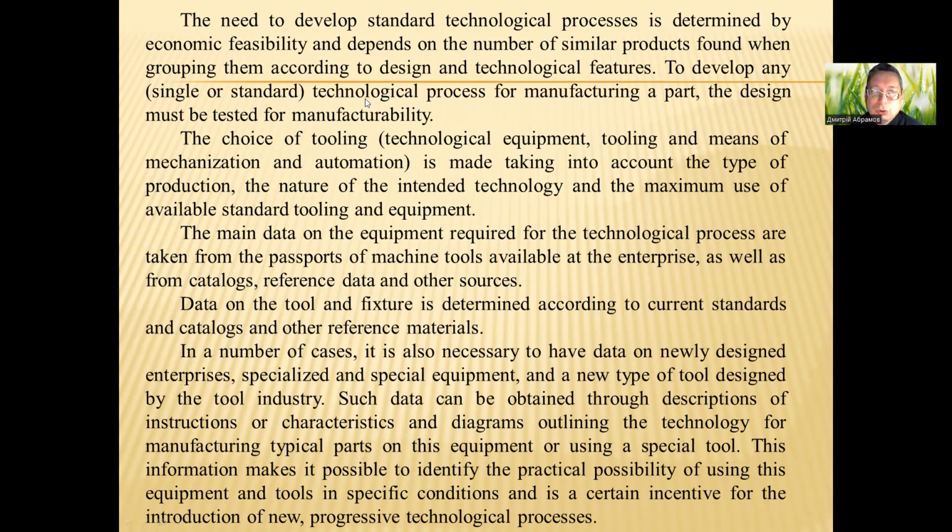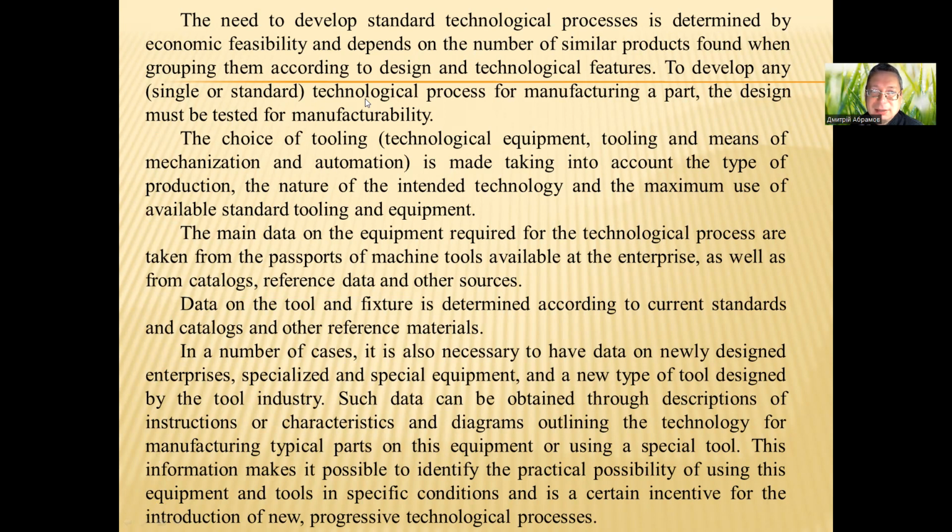The choice of tooling, technological equipment, and means of mechanization and automation is made taking into account the type of production, the nature of the intended technology, and the maximum use of available standard tooling and equipment.